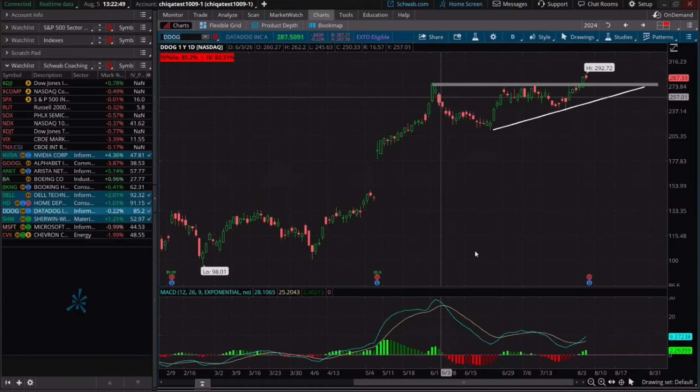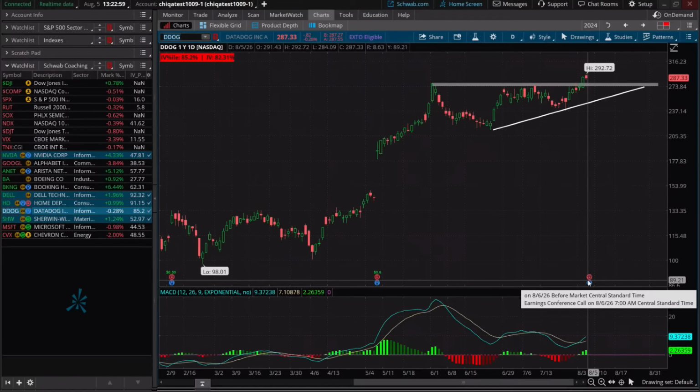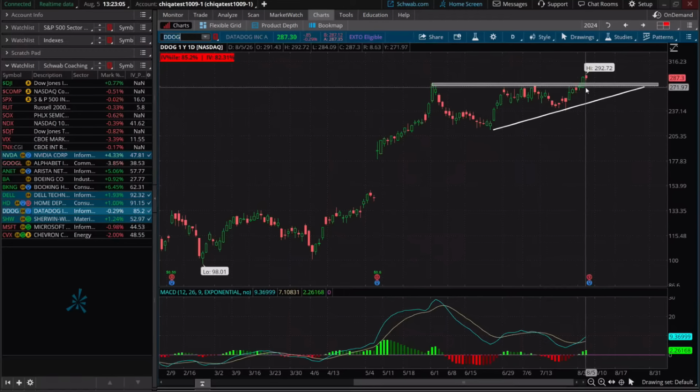And as we can see, we had a bullish momentum regime. We had a little bit of reignition here. We do have earnings coming up, so maybe that's something we want to be aware of. Implied volatility is pretty elevated, and we did have this breakout of an ascending triangle.